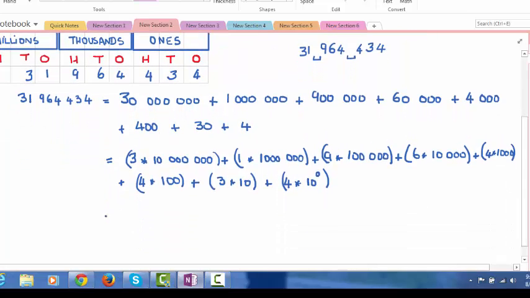Now, to make it easier, instead of writing all this number of zeros, where we can make mistakes, why don't we use the exponent?